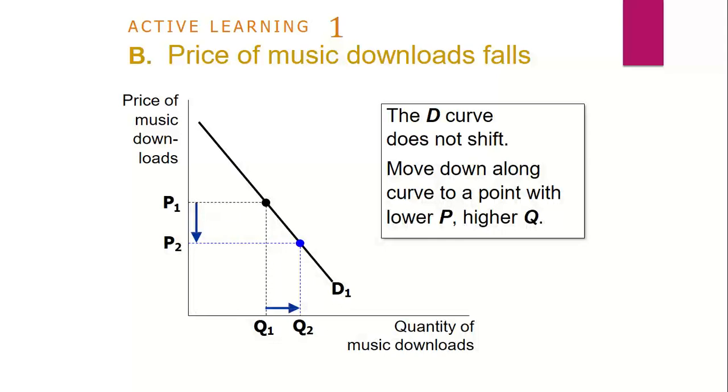Original point is P1 and Q1. Price decreases from P1 to P2, which leads to an increase in the quantity demanded of music downloads from Q1 to Q2, showing a movement along the curve from this point to this point. So this is the movement along the curve.